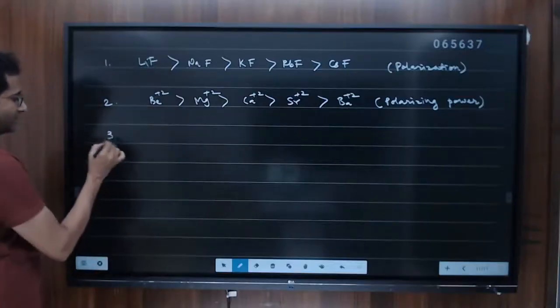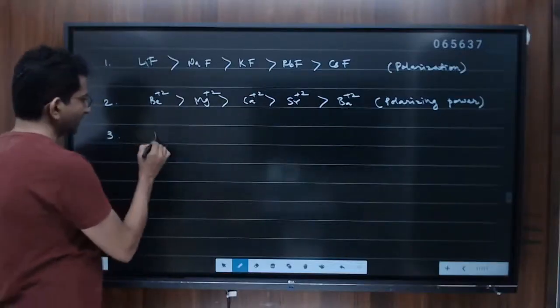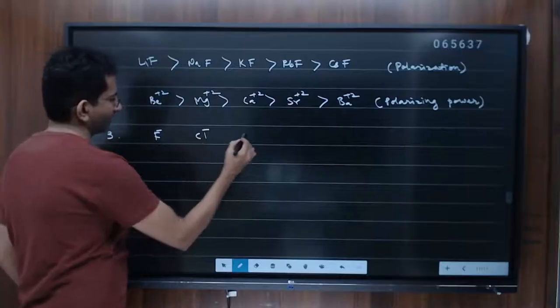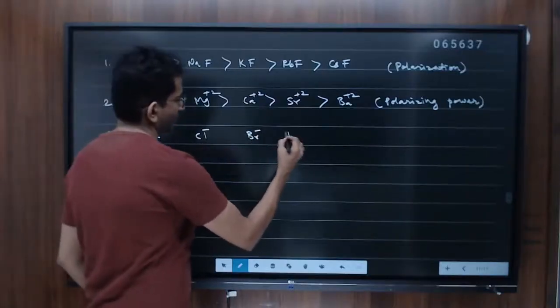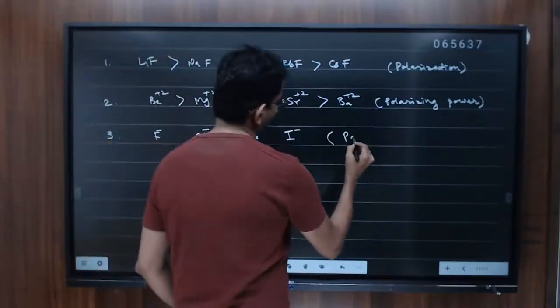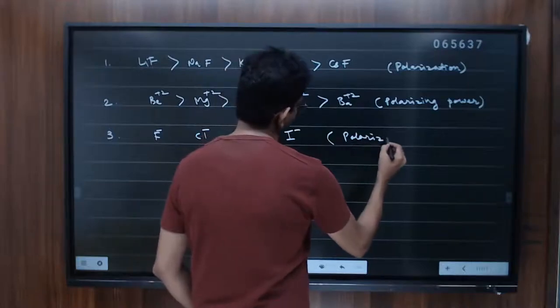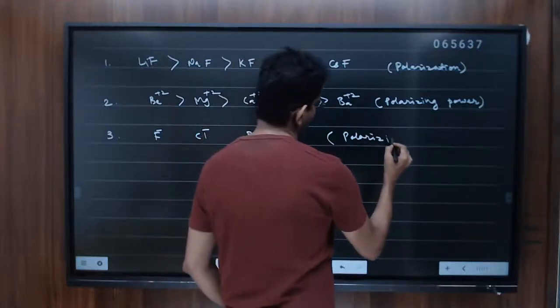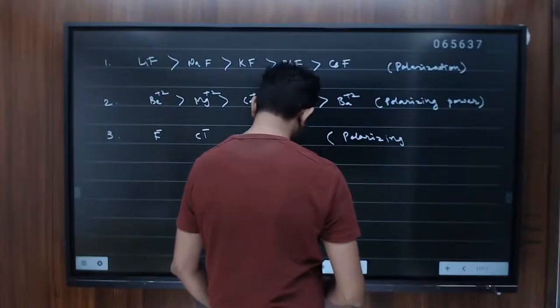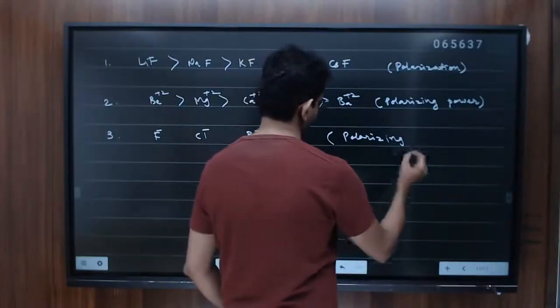Clear? Next, F minus Cl minus Br minus I minus. Now polarizing or polarization ability.